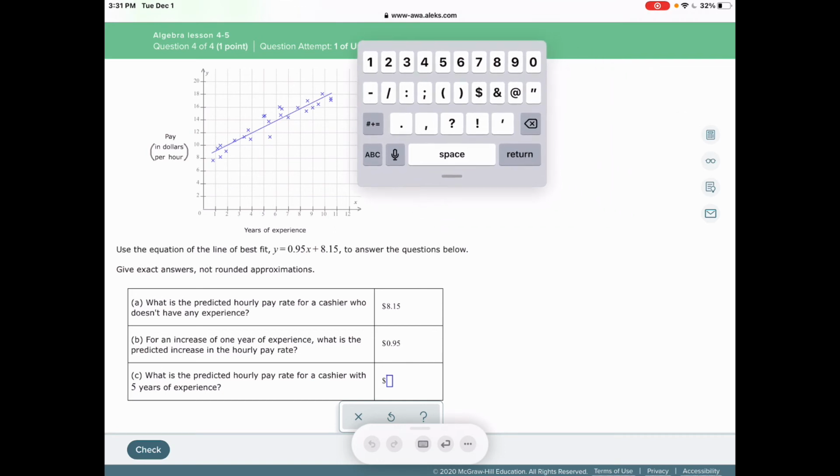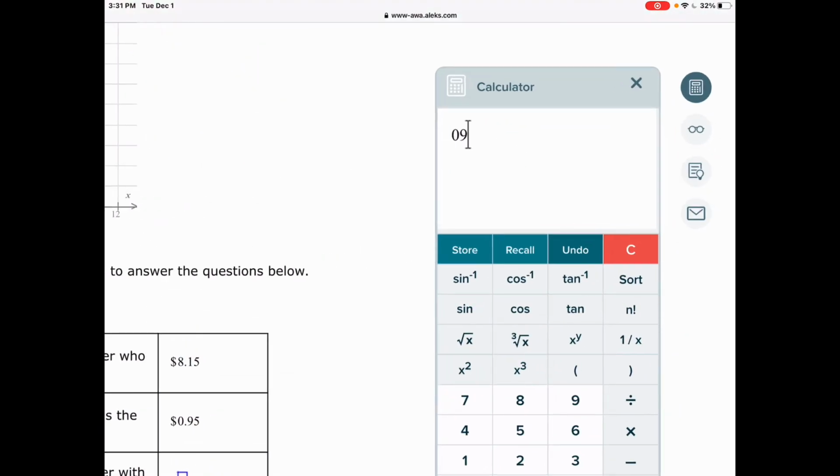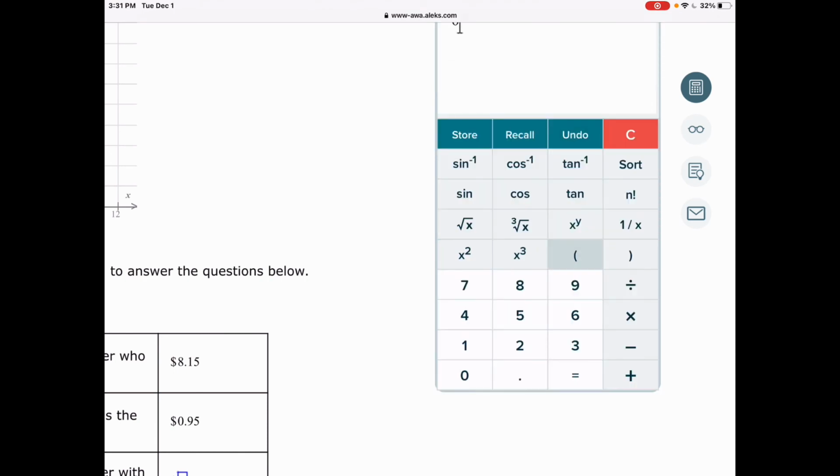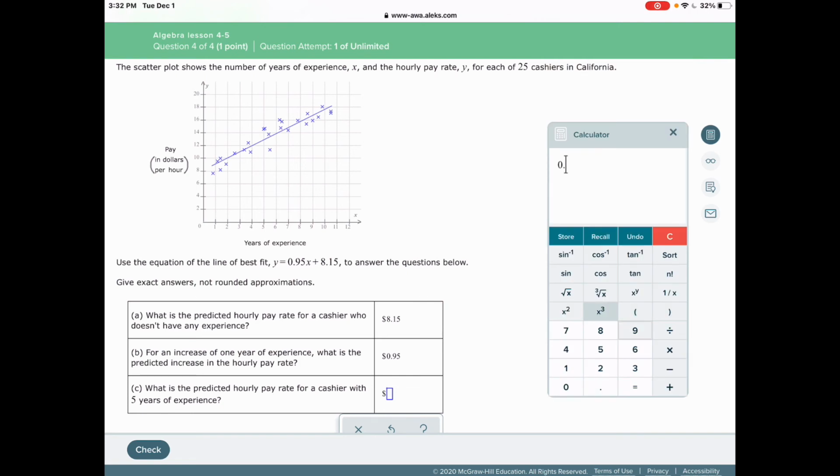What is the predicted hourly pay rate for a cashier with 5 years of experience? So to do this, we're going to call up a calculator and we're going to use this equation. So 5 years of experience is an X. So we're going to go 0.95 times, plugging in 5 instead of X, plus 8.15.